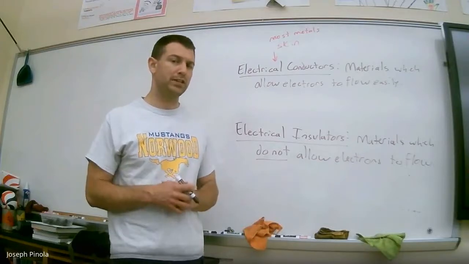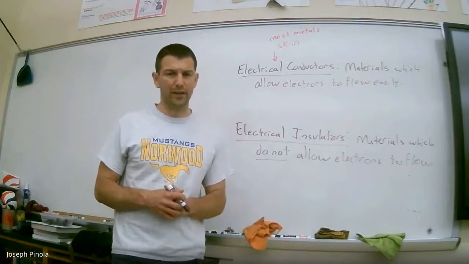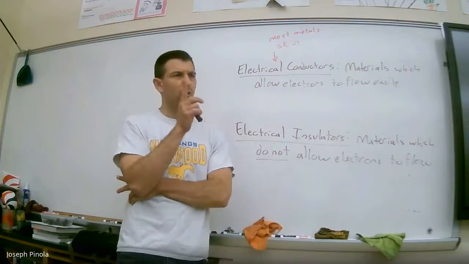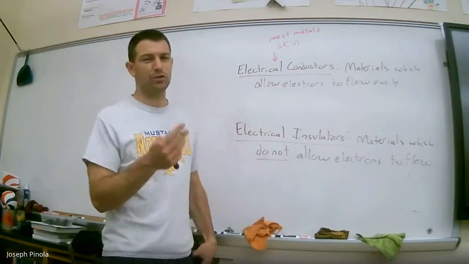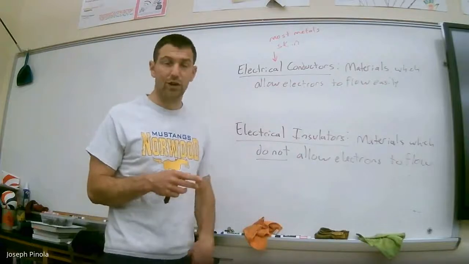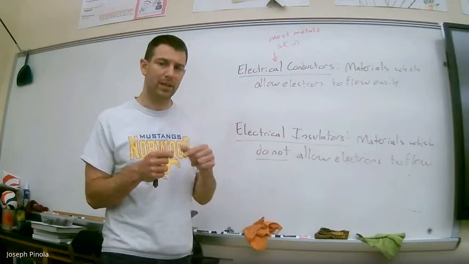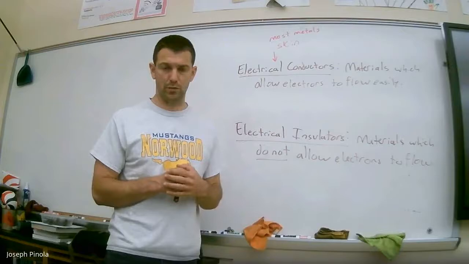You may have noticed that I just said that wires in a circuit are made out of copper. But you might be thinking, wait, aren't a lot of wires coated in rubber? And it's true. A lot of wires are copper on the inside, but they're coated in rubber. And that's because if you touch a wire, you don't want electrons flowing into your body.